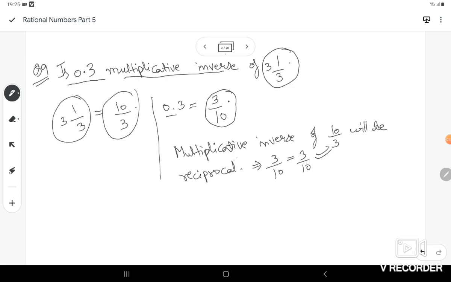So the multiplicative inverse of 10 by 3 will be its reciprocal, which is equal to 3 by 10. And 0.3 is again equal to 3 by 10. Both are equal. So yes, we can say 0.3 is the multiplicative inverse of 3 whole 1 by 3.